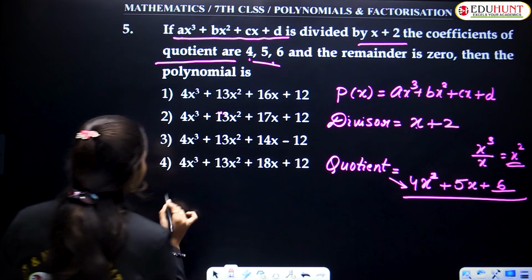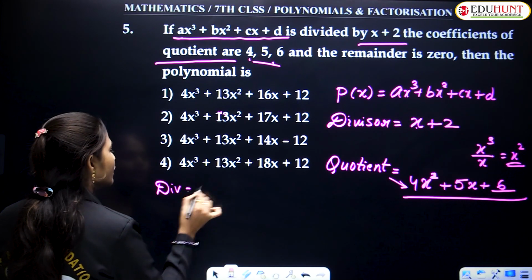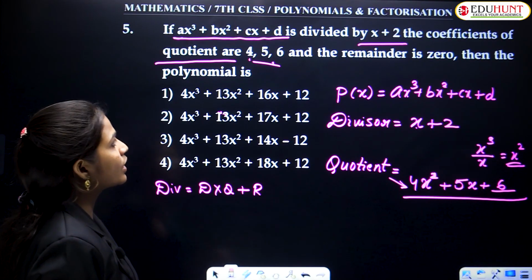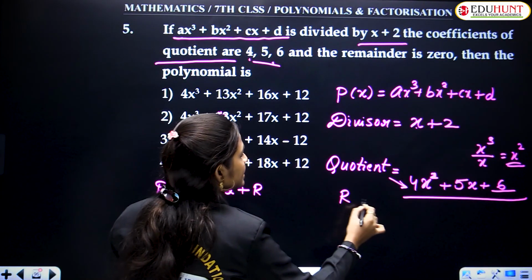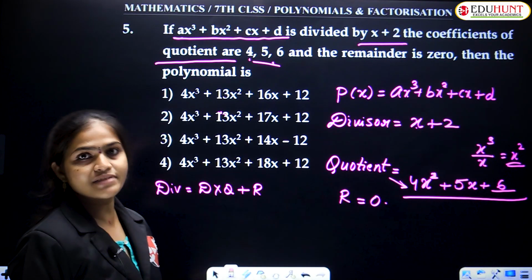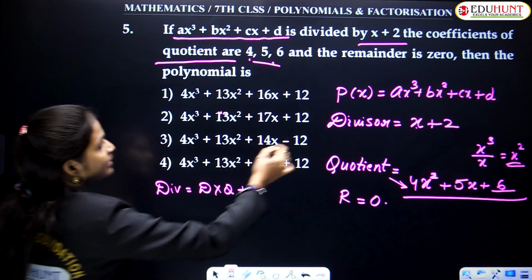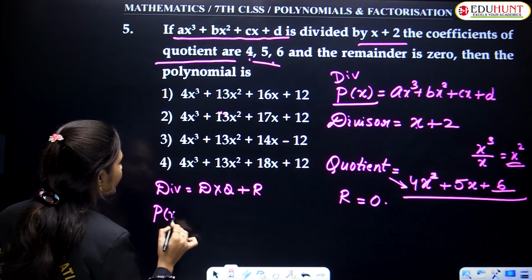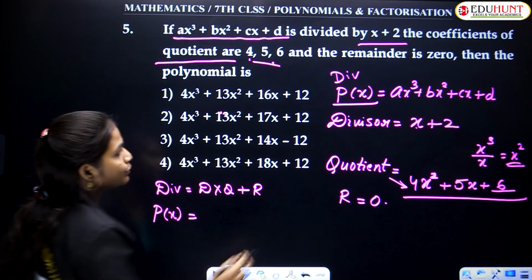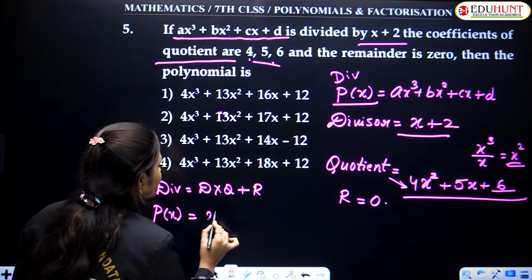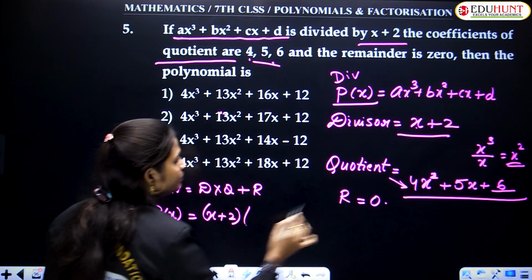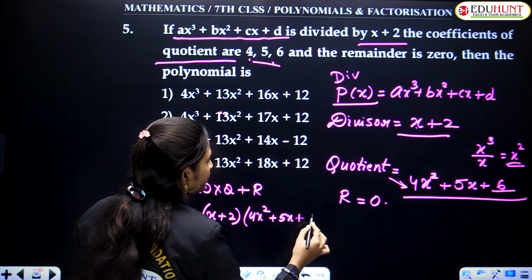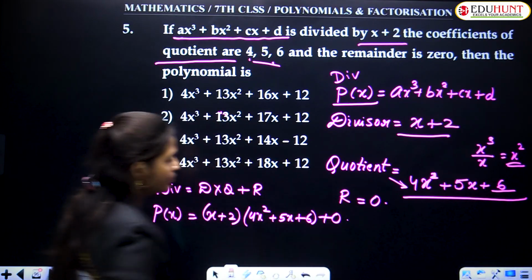So children, just see here, dividend is equal to divisor into quotient plus remainder. Here they gave that the remainder is equal to 0, so by using the division algorithm, the dividend, which I am writing as p of x, is equal to divisor x plus 2 into quotient 4x square plus 5x plus 6, and the remainder is 0.